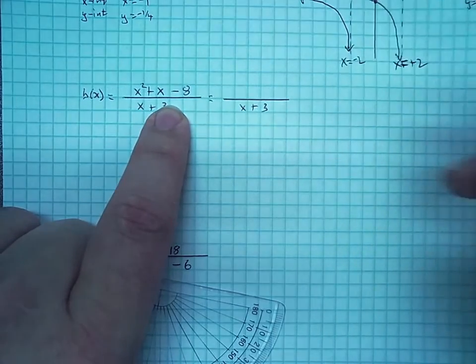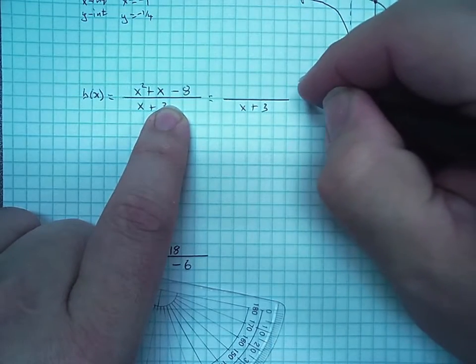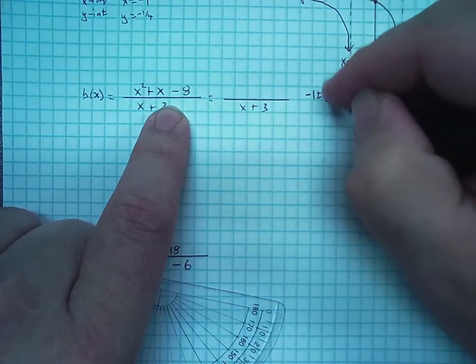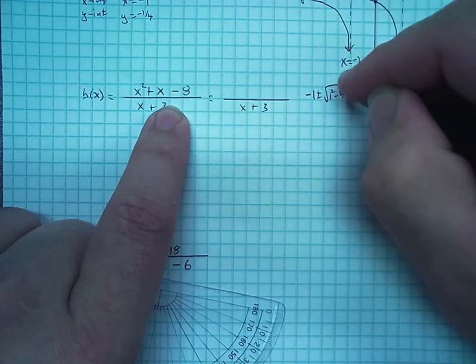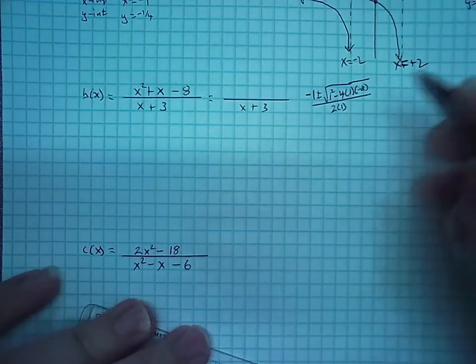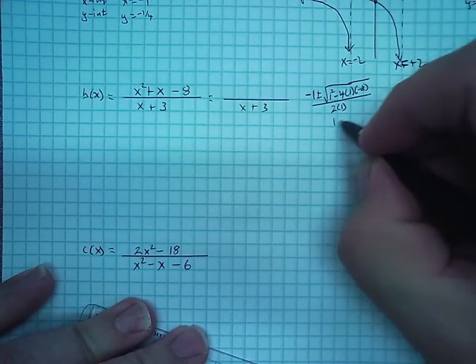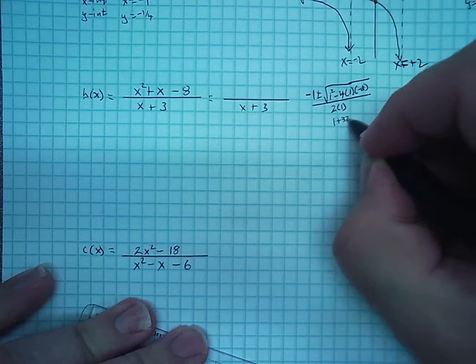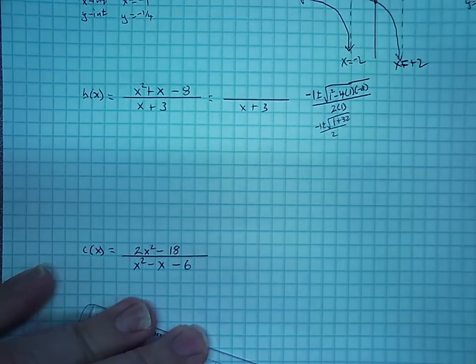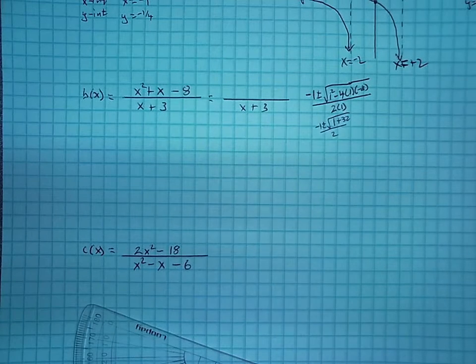So I'm going to use the quadratic formula, which tells me opposite of b plus or minus the square root of b squared minus 4ac all over 2a. So that's 1 plus 32, definitely irrational, but it is real. So my x-intercepts are at negative 1 plus or minus the square root of 33 over 2.